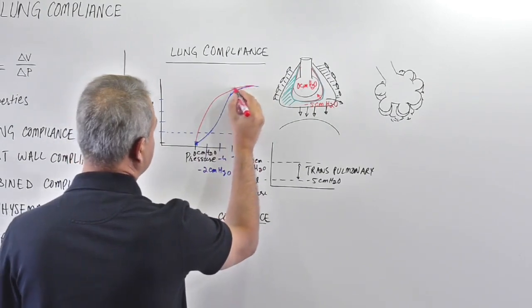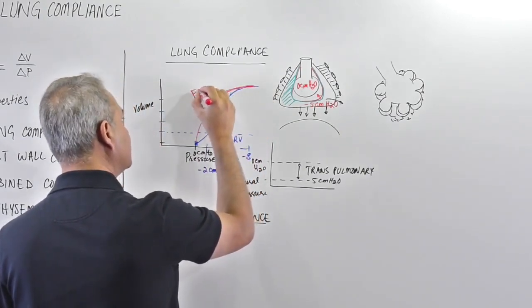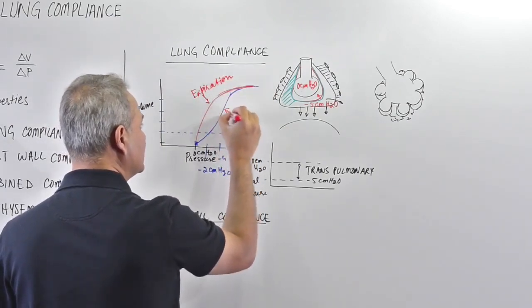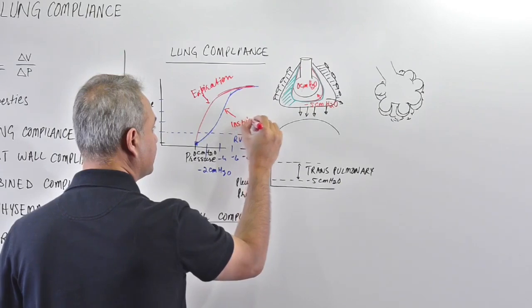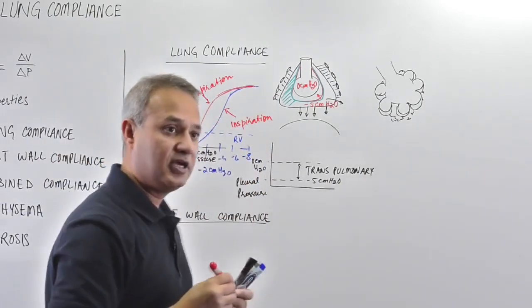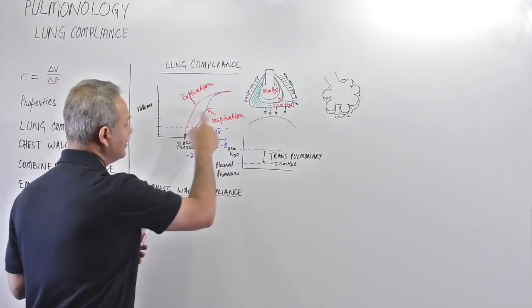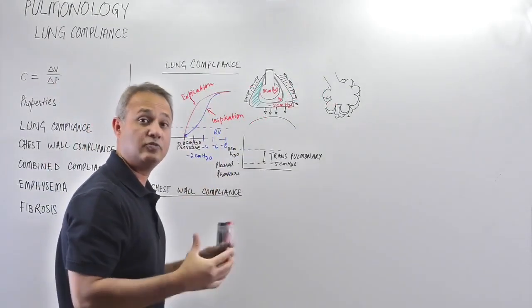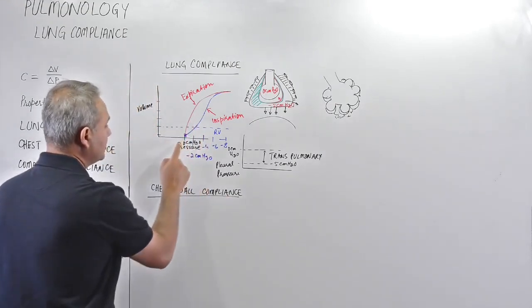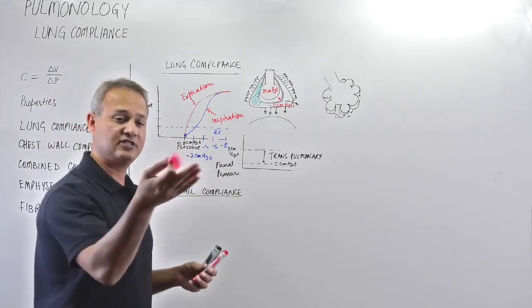So this is the deflation curve, the expiration, and this is inspiration. The deflation or expiration curve, where the volume changes with the pressure, is different from the inspiration. This difference in the curves is called hysteresis, pulmonary pressure volume loop hysteresis. However, just keep in mind that this is a lung that is present outside of the chest wall.